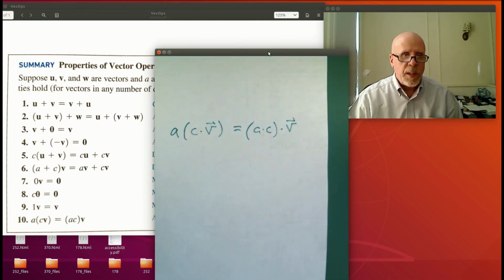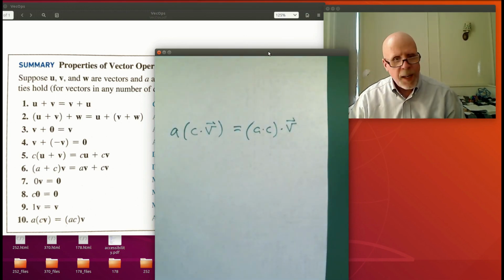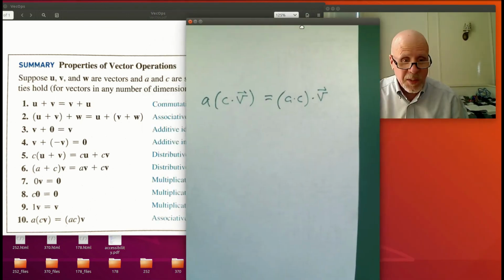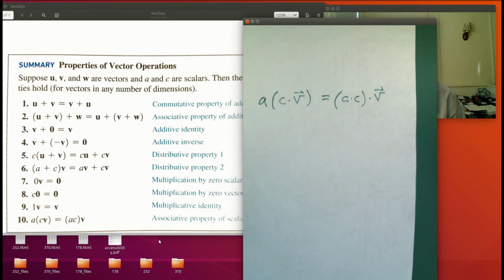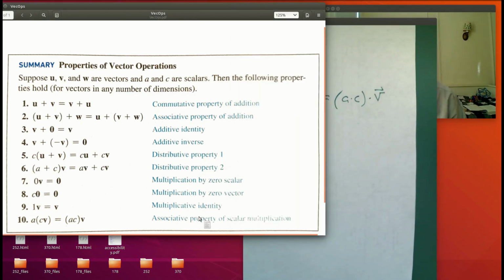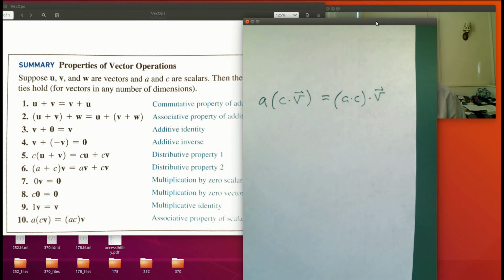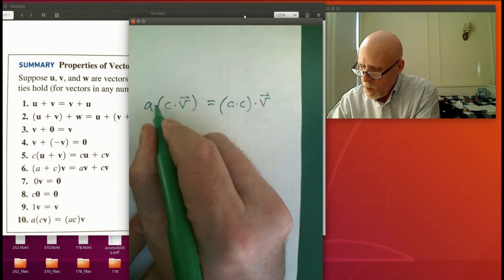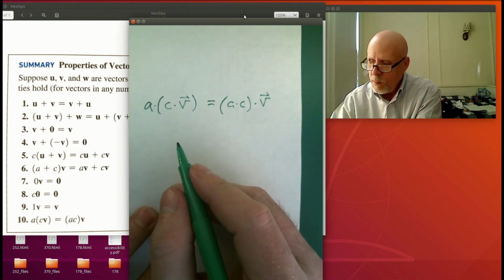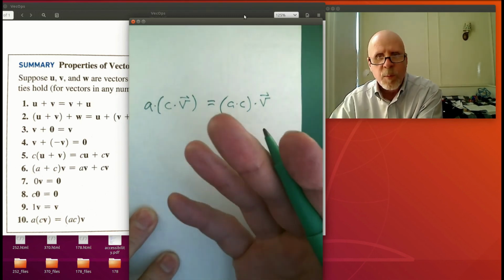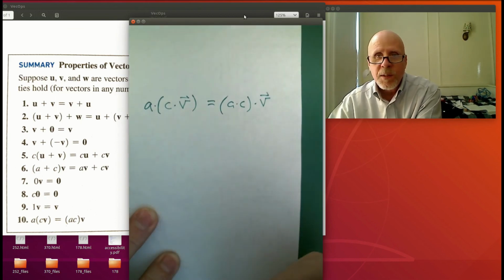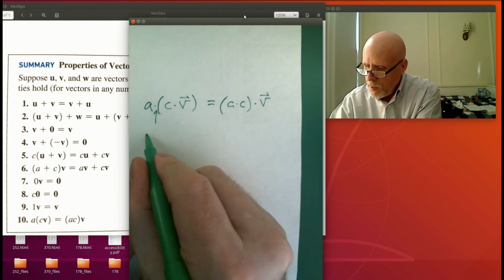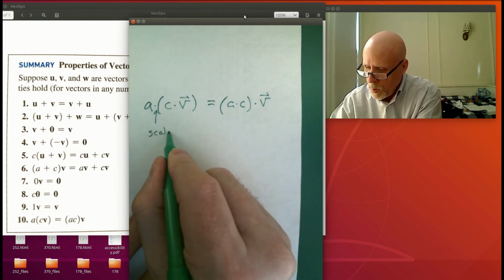And I just want to point out that this is not the associative law. It really is not. It looks like the associative law, but you'll notice that they didn't even call it the associative law. See how they use the word property in there? So why is this not the associative law? Because when you do the associative law, like the associative law for multiplication, all the dots are the same operation. But this dot right here is a scalar vector product.